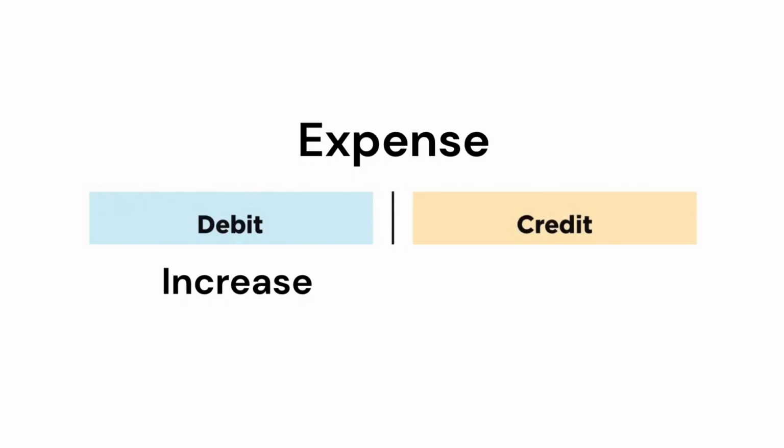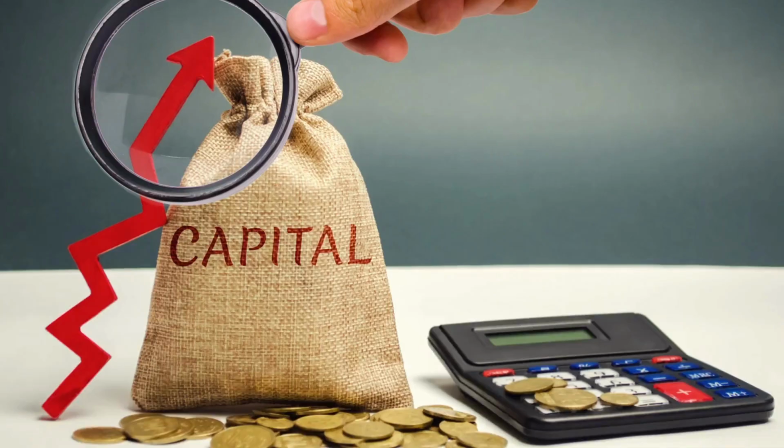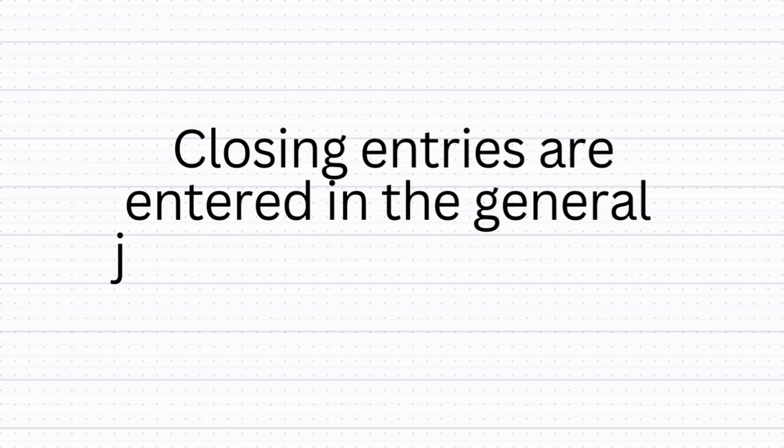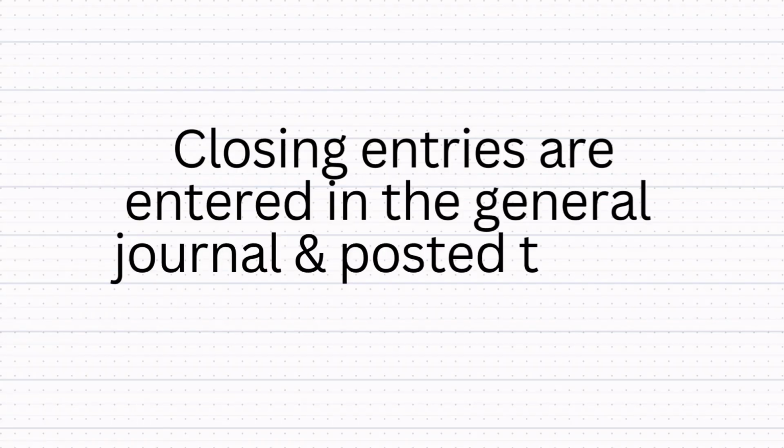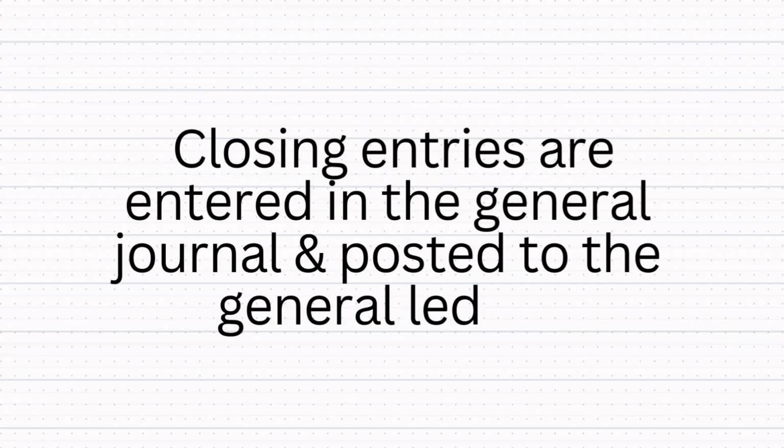So these can be your salaries, rent, water, and electricity. And distributions are transferred to the capital account. Processing of closing entries at the end of the period: as with adjusting entries, the closing entries need to be entered in the general journal and posted to the general ledger.